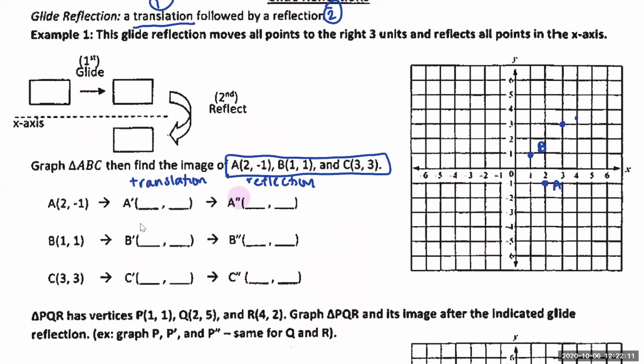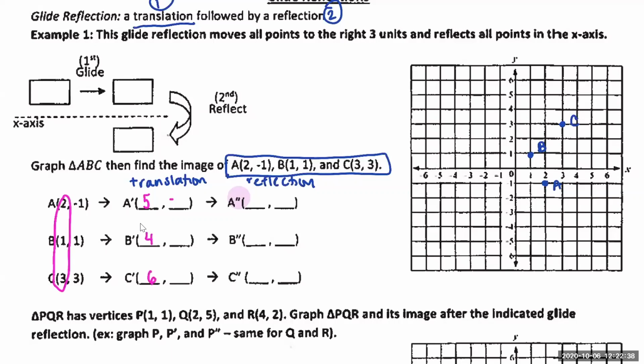If they want me to move all the points 3 to the right, is that +3 on the x or -3 on the x? Okay, +3. So we add 3 to all our coordinate points where there is an x. If I add 3, I get 4 here, and 6 here.